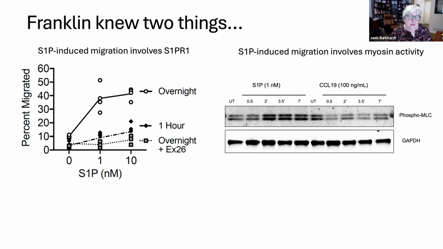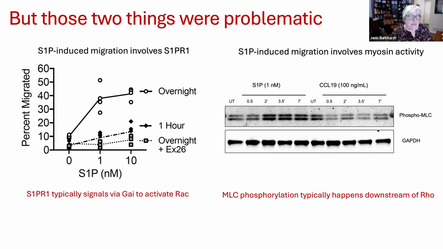Now, that sounds good, but it's actually very problematic because S1PR1 is known to signal through the trimeric G protein G alpha i to activate RAC. And myosin light chain phosphorylation typically happens downstream of Rho. So the first thing that Franklin had to figure out, which took several years of his life in retrospect, was how you get from S1PR1 to myosin. Does it involve RAC? Does it involve Rho? And if so, how does that work?